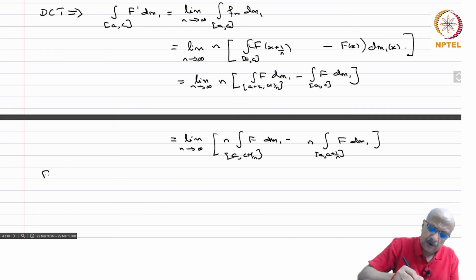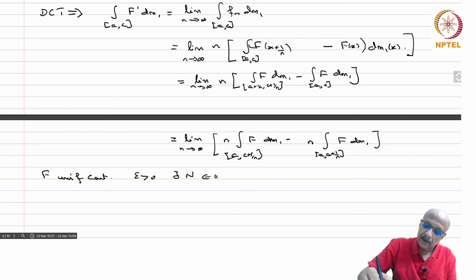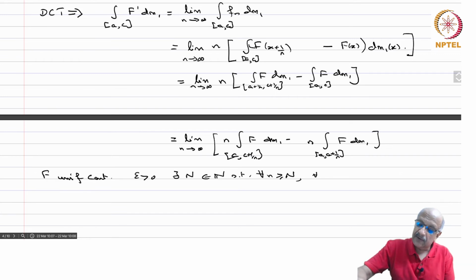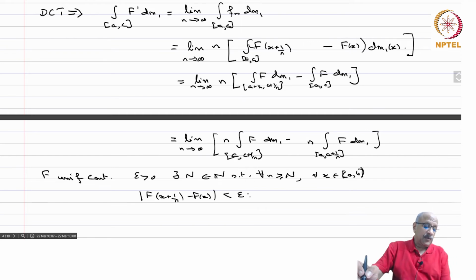Now f is uniformly continuous, so given epsilon positive, there exists a capital N in N such that for all n greater or equal to capital N and for all x in (a,b), we have mod f of x plus 1 by n minus f of x is less than epsilon.